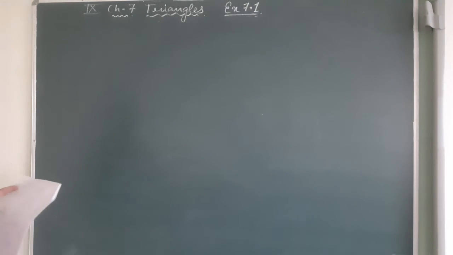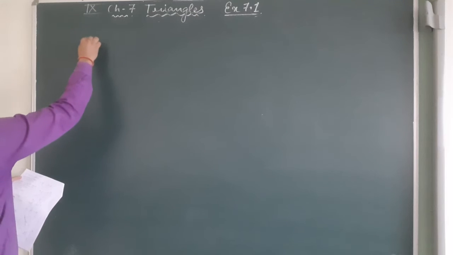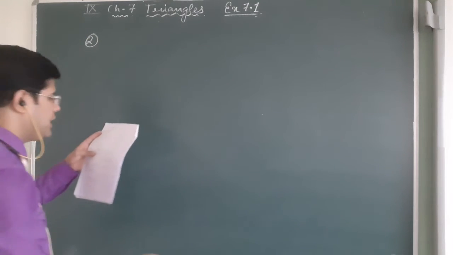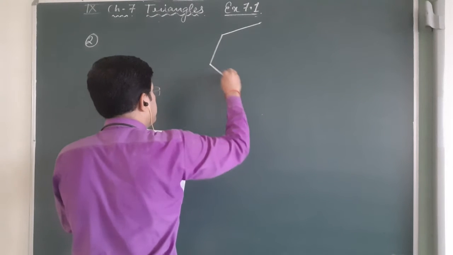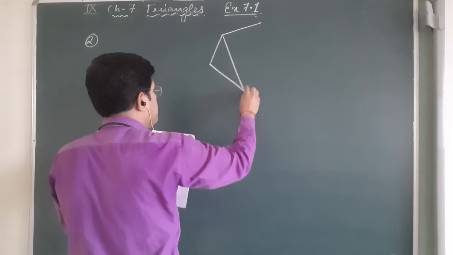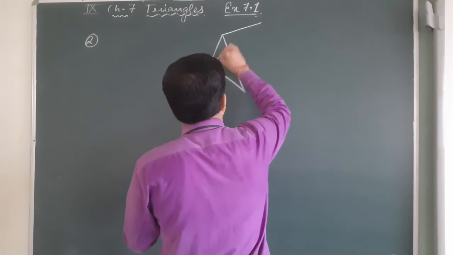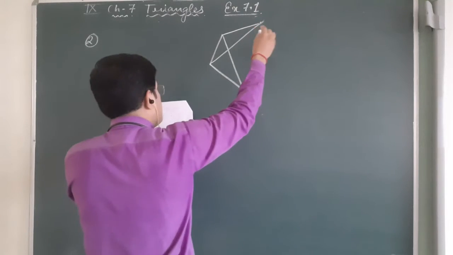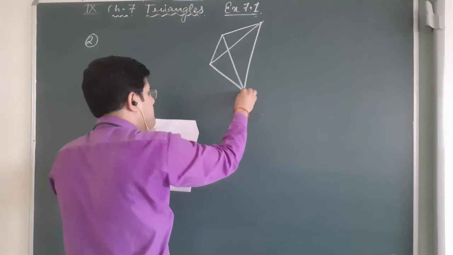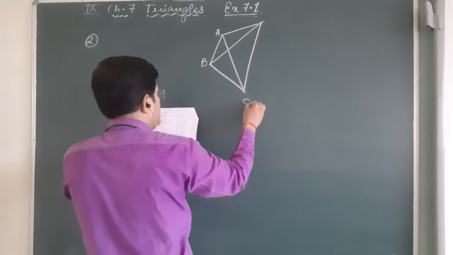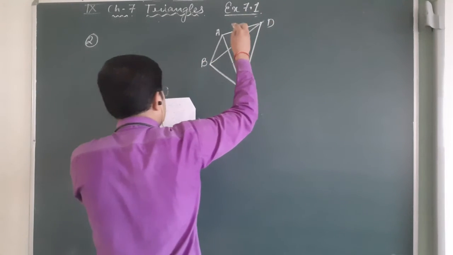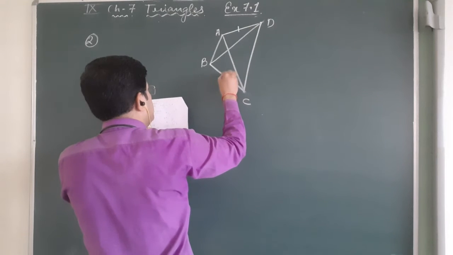Now I am coming to question number 2. In question number 2 it is given like A, B, C and D. Here AD equal to BC.